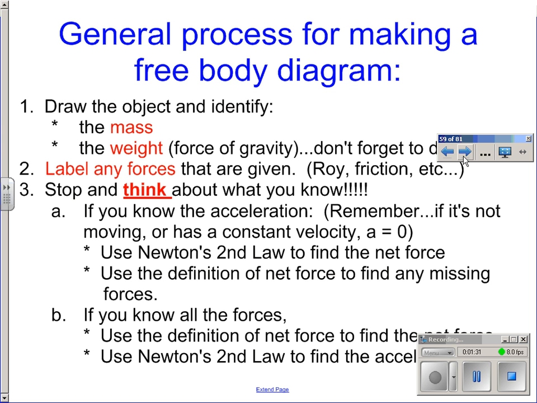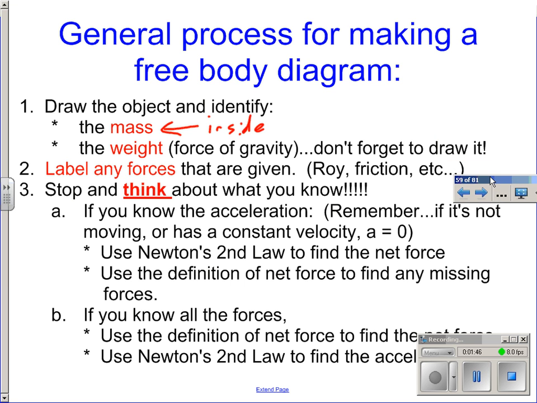It's basically 3 steps. Your first step is to draw the object and then identify the following things. You're going to write down what the mass is. Remember, you're going to write that inside the box and figure out what the weight is. The weight is going to be drawn as an arrow pointing down, indicating that gravity is pulling this thing down.